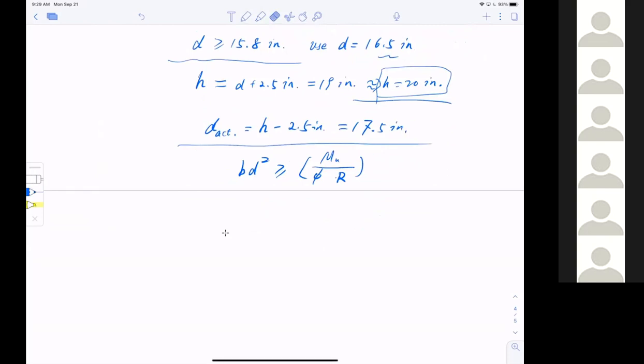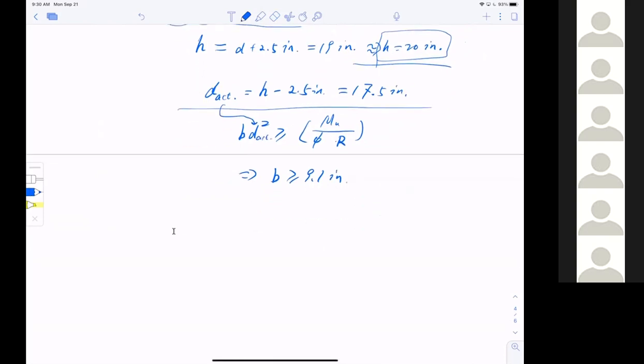Yes, BD squared bigger than that. So with this, I get my new width has to be bigger than or equal to 9.1 inch. Plug in the D actual right here. So with this now, I would select a width of 10 inches, just to be a whole number.